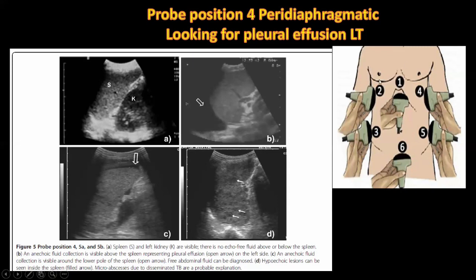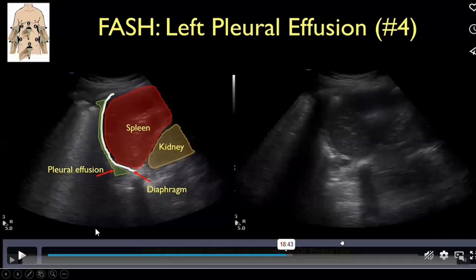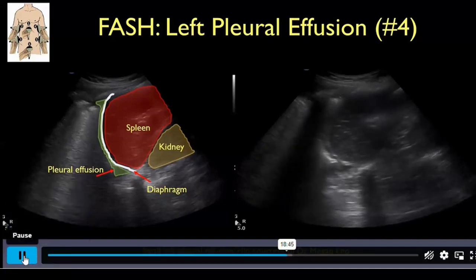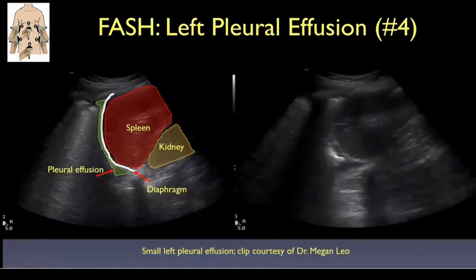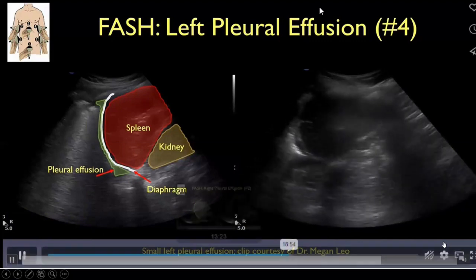We're going to look in that same mid-axillary, and we're going to look between the spleen and the left diaphragm, and pathologically we are now seeing fluid above the spleen.